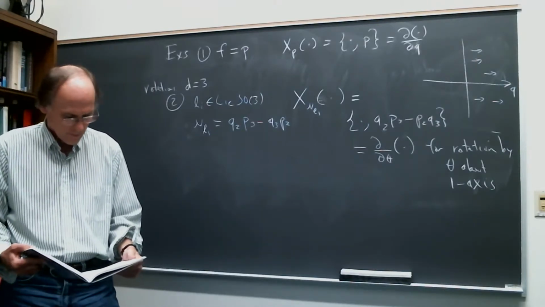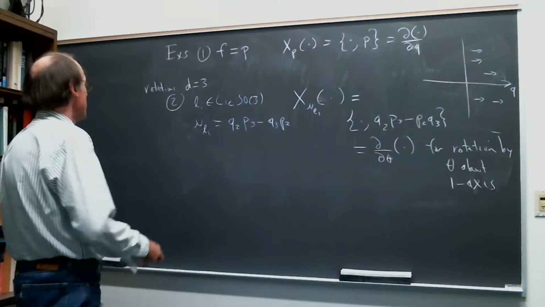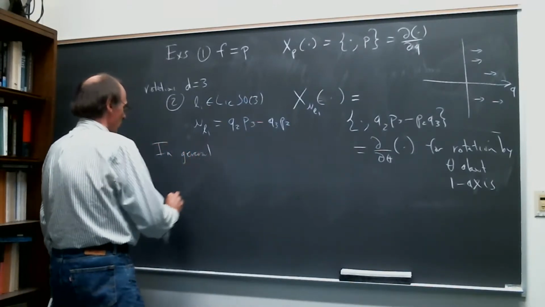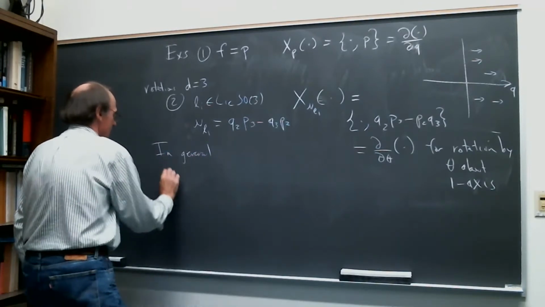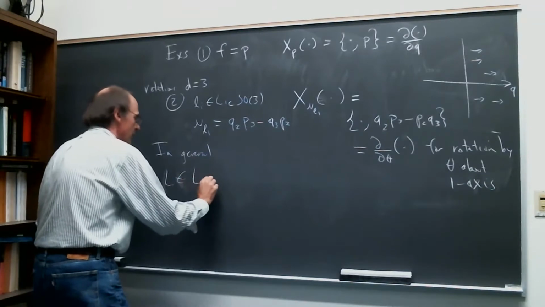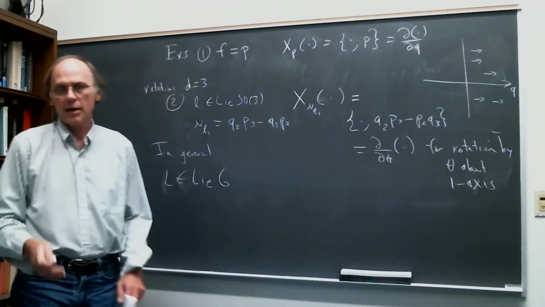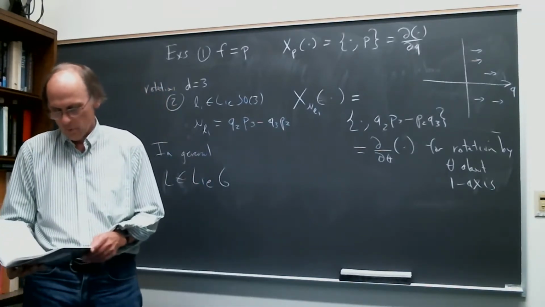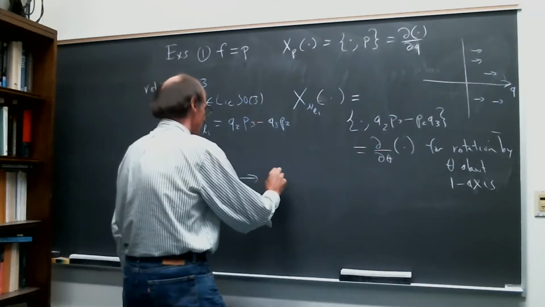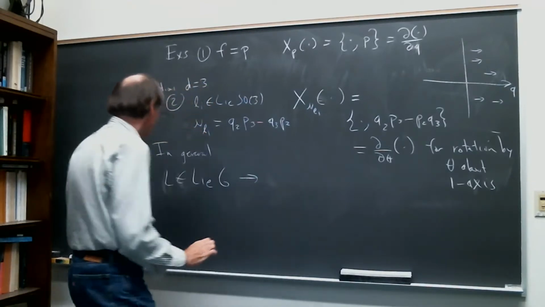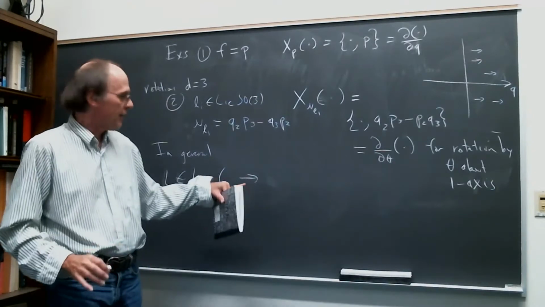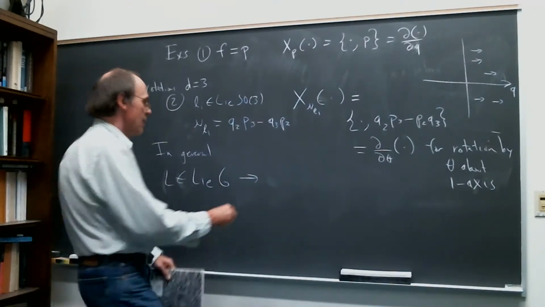But in general, if you've got a group G acting on your phase space and it preserves the Poisson bracket, then infinitesimally it's going to give you a vector field, and that vector field acts on functions by X sub L.